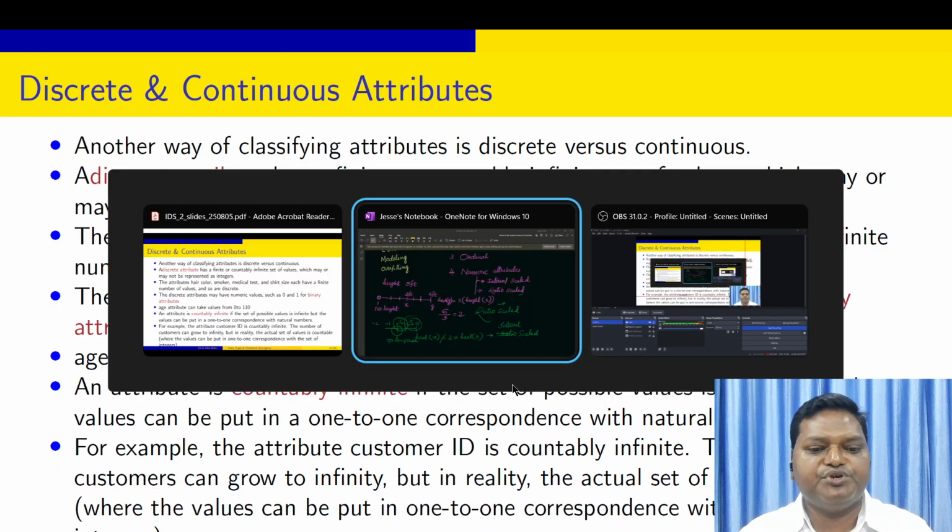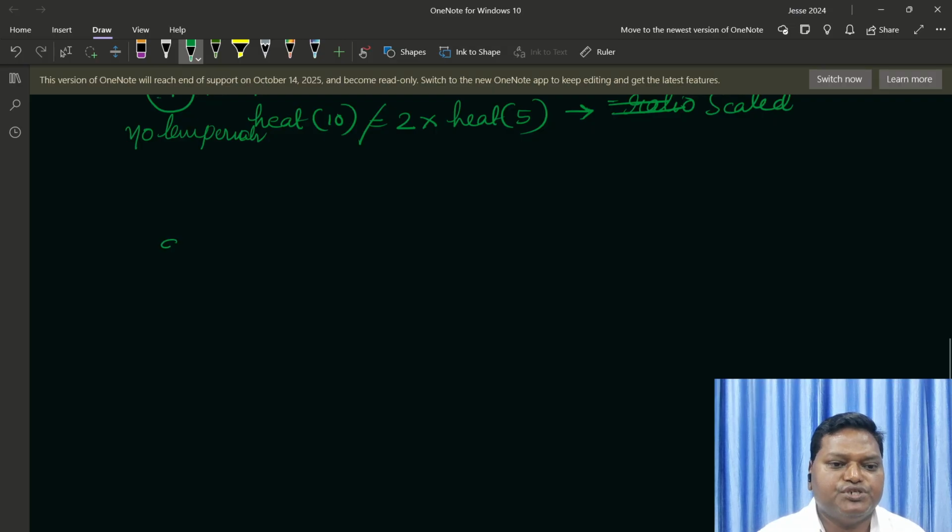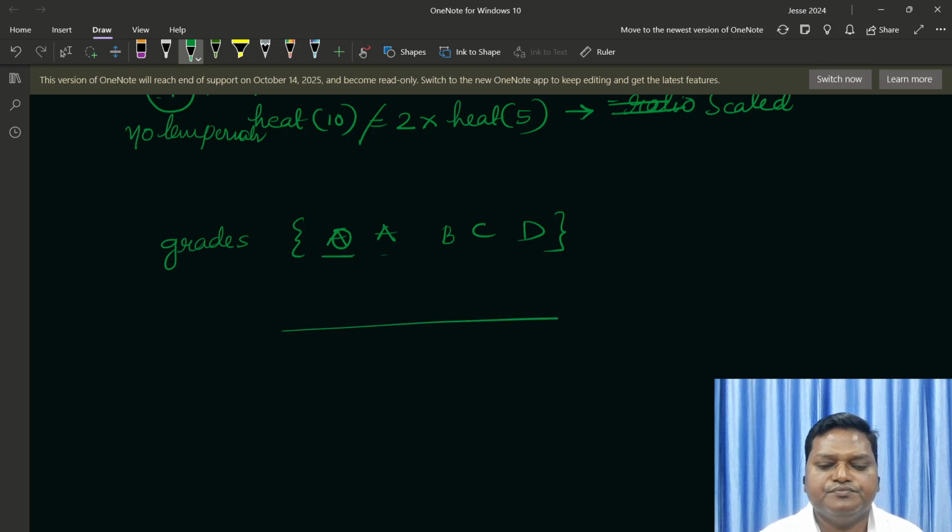For example, suppose you take grades: A, O, A, B, C, D. These are discrete. When you plot them, you have separate values. This is a discrete graph.